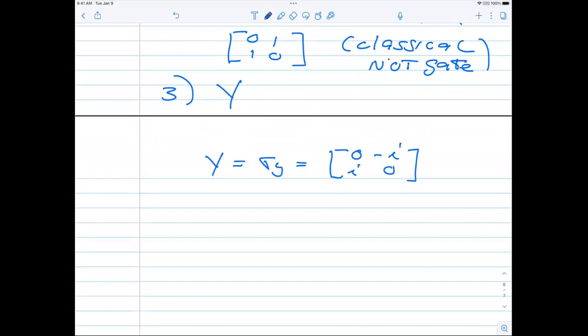And then we have the famous Z gate. And that flips the sign of a qubit.